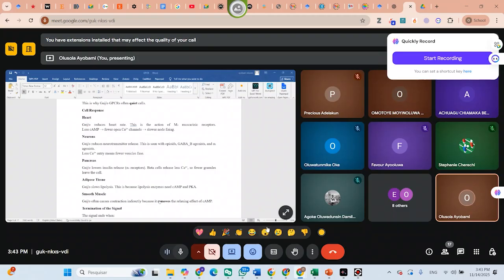Then for lipolysis, we said that the G-alpha stimulatory activates metabolic enzymes, but the G-alpha inhibitory is going to slow lipolysis, and this is because the enzymes need activation by protein kinase A. Now, in G-alpha stimulatory, we have relaxation of the smooth muscle, but in G-alpha inhibitory, we are going to have contraction of the smooth muscle.